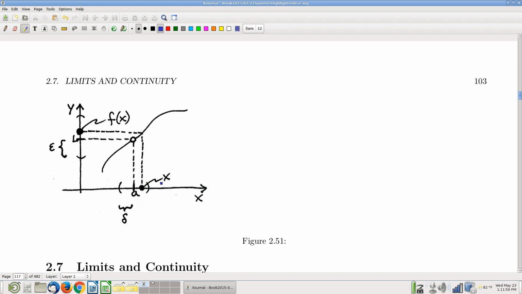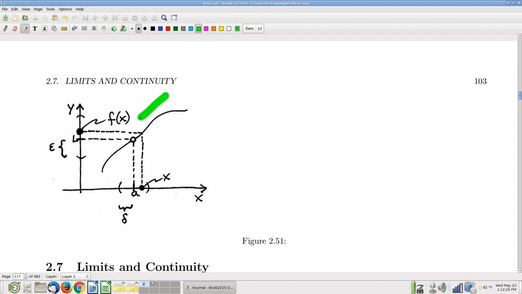Notice as well on the y-axis, there's L, the limit that we're trying to define. There's the value of the function, f of x, and there's this value epsilon giving us again our radius.